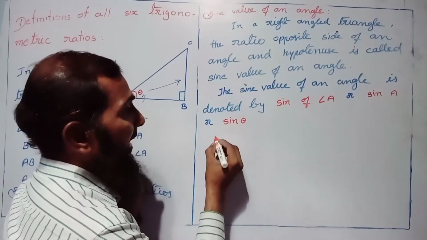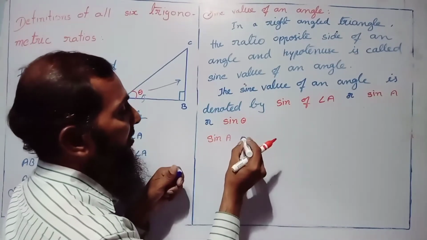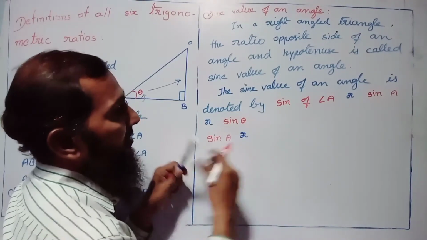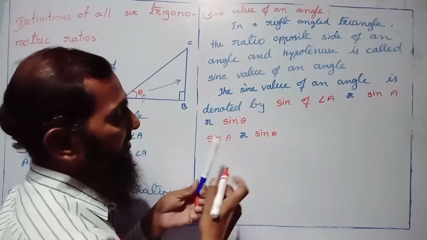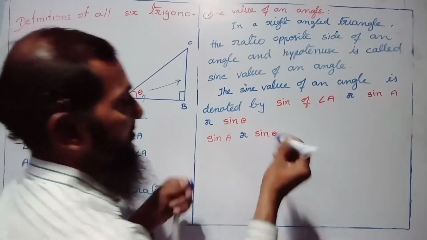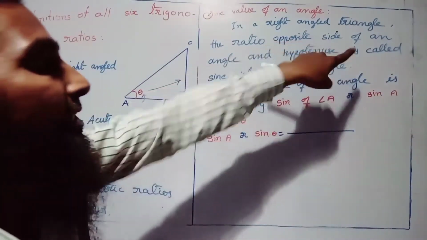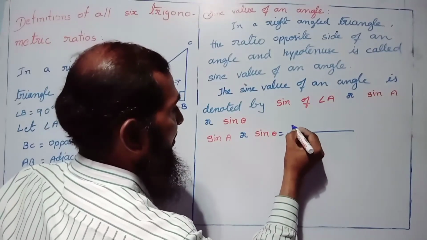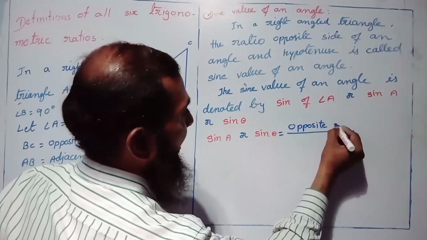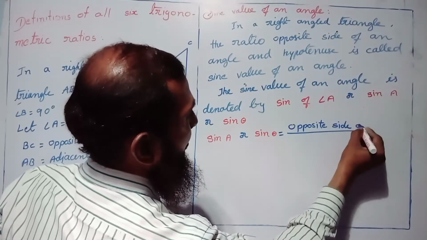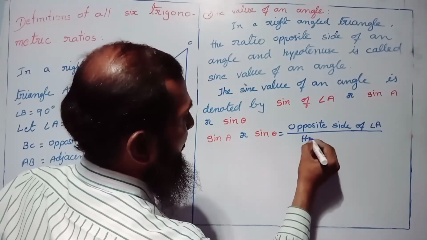Now here sin A or sin theta is the opposite side of angle A by the hypotenuse.